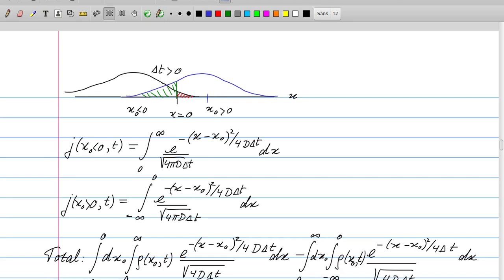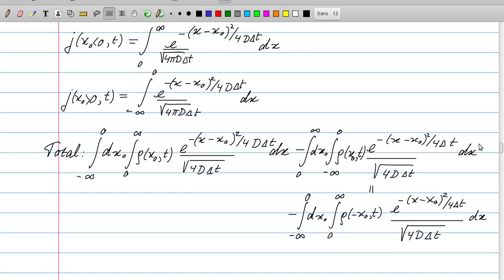Also, since we shall be interested in short times, we expect the particles contributing to the flux to be located very close to x0. It is natural to make a Taylor expansion for rho as a function of x0.